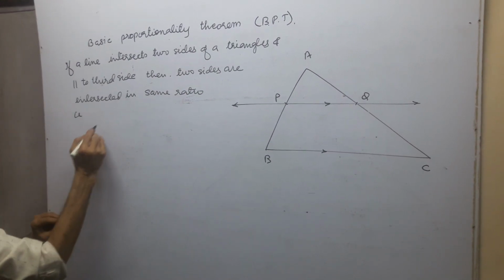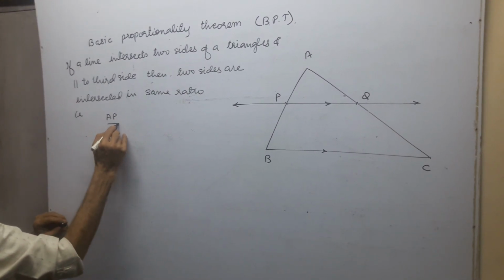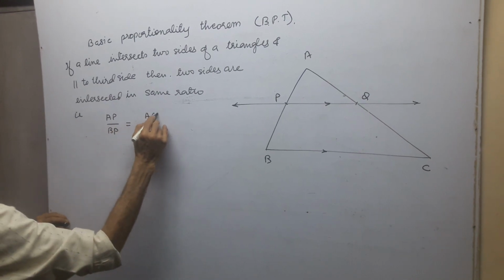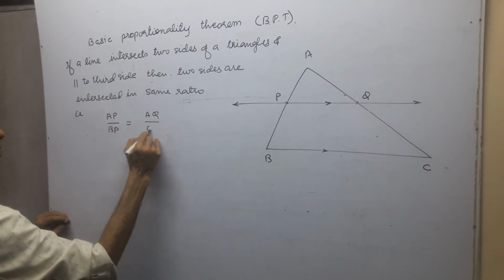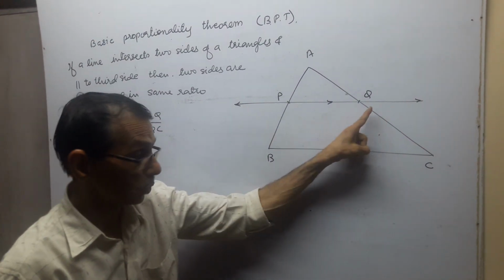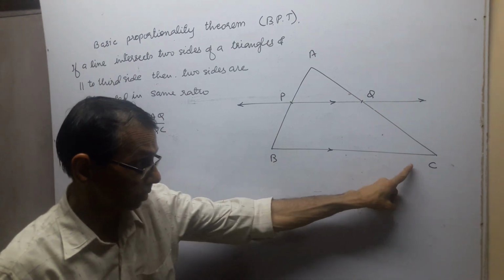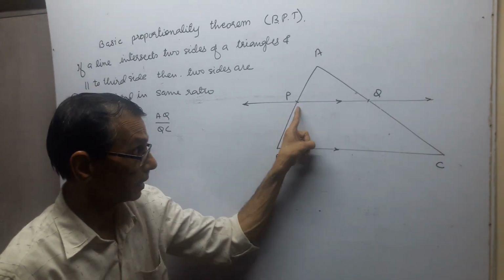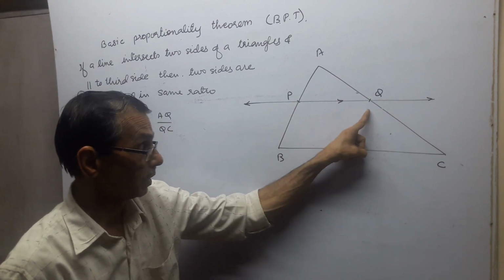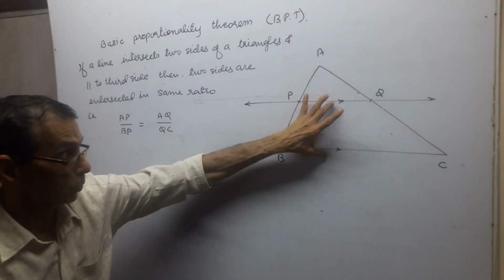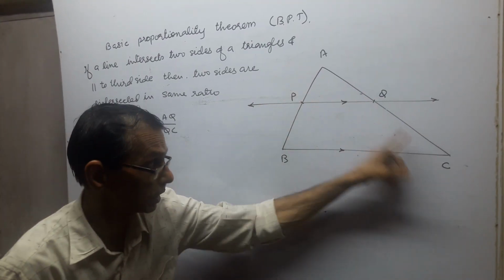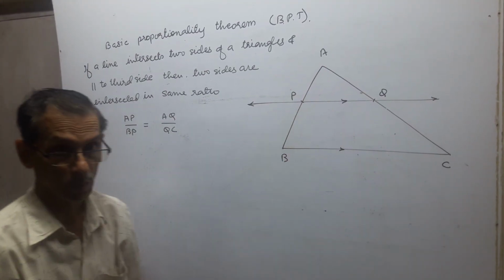That is, AP upon BP is equal to AQ upon QC. So here line PQ is parallel to the third side and intersects these two sides AB and AC in P and Q. Where you find this situation that AP upon BP is equal to AQ upon CQ, and this we are going to prove. Now how can you prove?